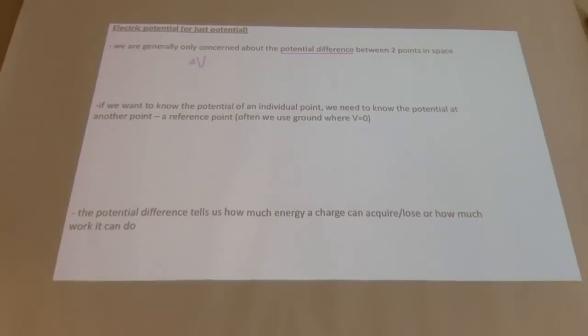Delta V, a difference in potential, is equal to the potential at point B minus the potential at point A. Or if you wanted to use that equation we had just a moment ago, we could say that this is the potential energy at point B minus the potential energy of point A divided by whatever charge is at those locations. So you see some of these equations starting to fit together now.